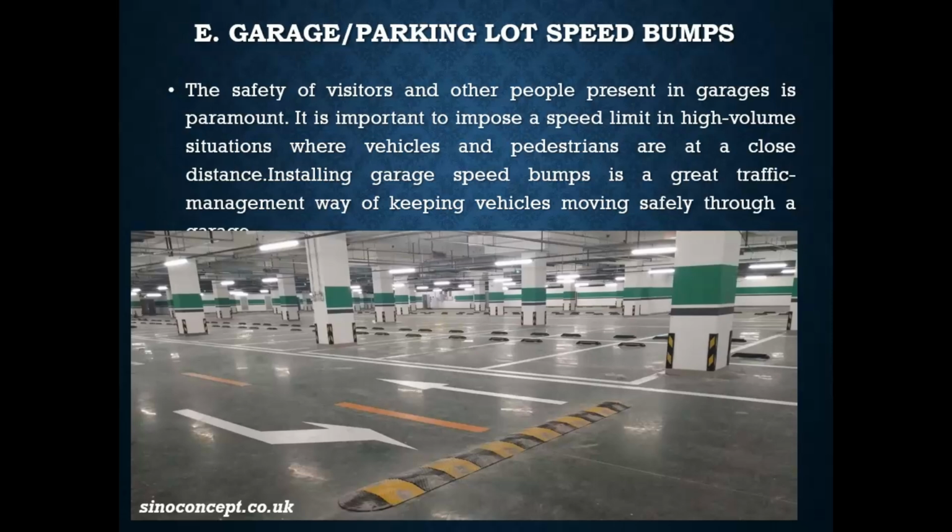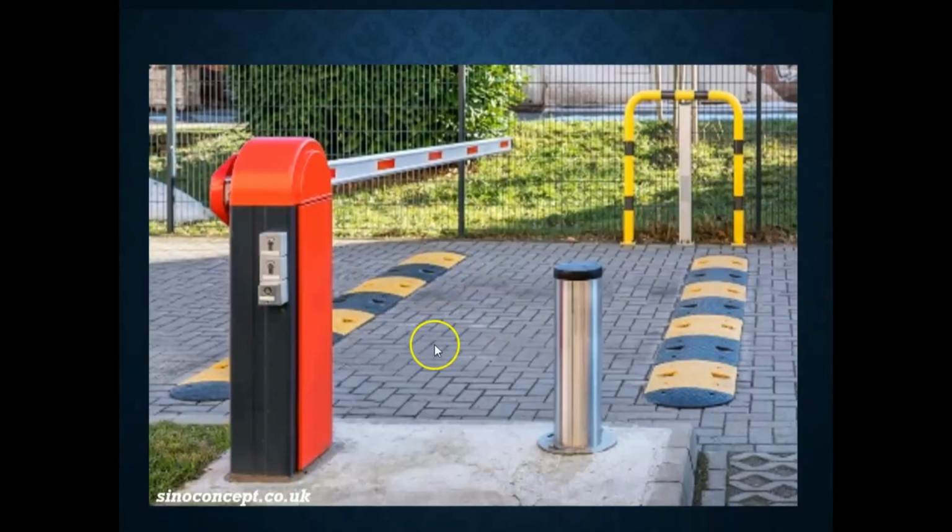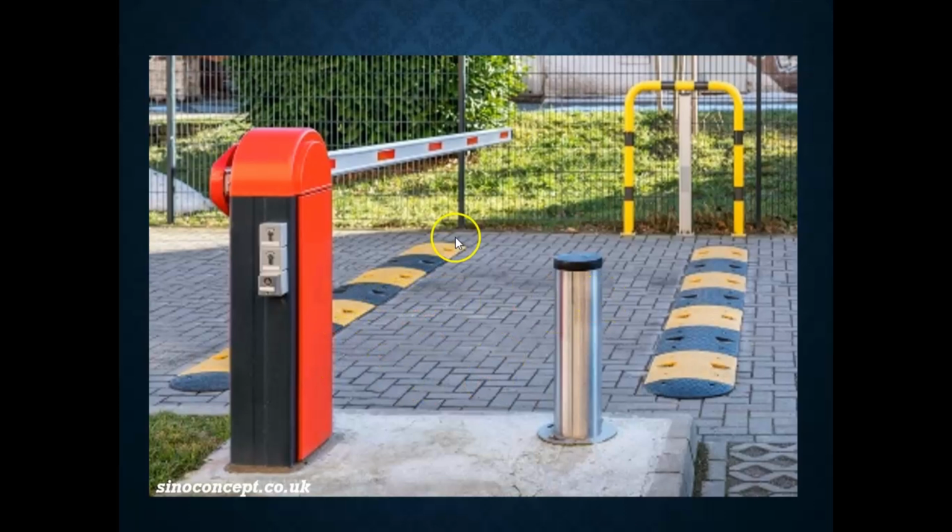Just like we have it here, it is important to impose a speed limit in high volume situations where vehicles and pedestrians are in close proximity. Just like what we can see in this picture, this is a speed bump installed at some points in this parking lot. We can also have it at the entrance of a building or the entrance of a parking lot.